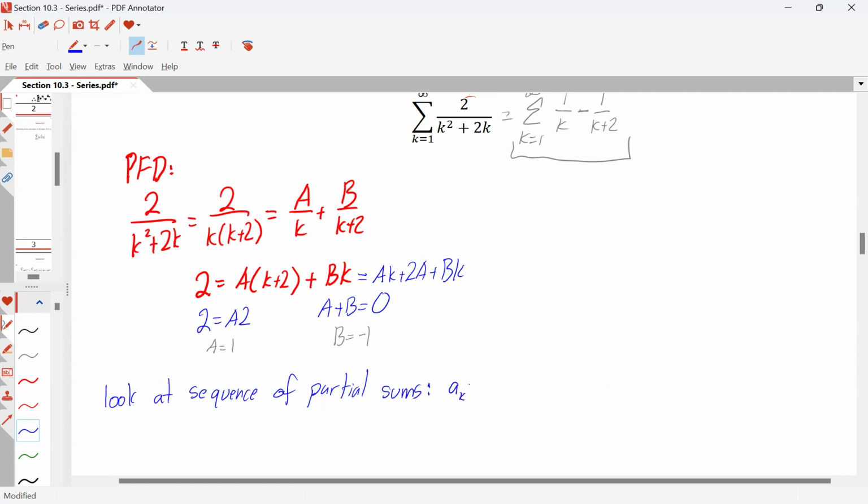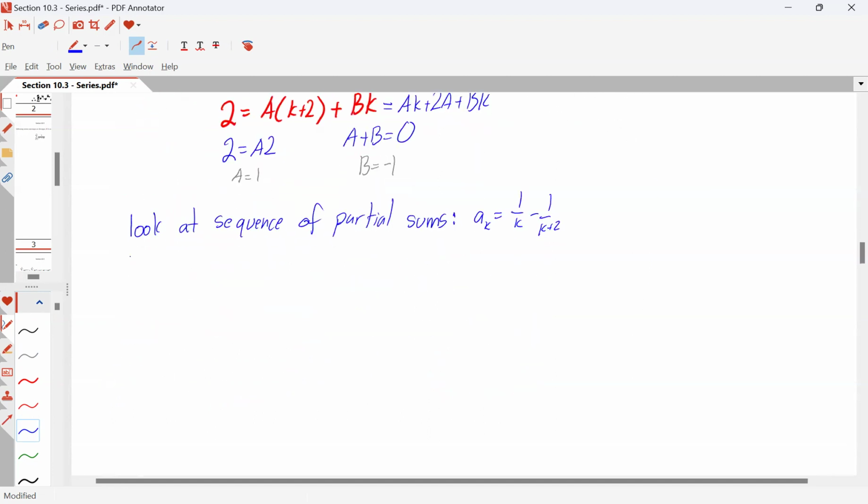Again, our sequence is 1 over k minus 1 over k plus 2. So our first partial sum, S sub 1, would equal 1 over 1 minus 1 over 3, plugging 1 into each term. S sub 2 is 1 over 1 minus 1 over 3, plus 1 over 2 minus 1 over 4.